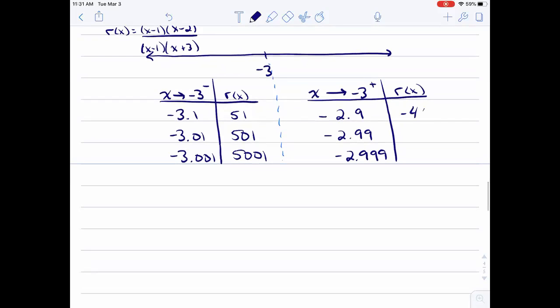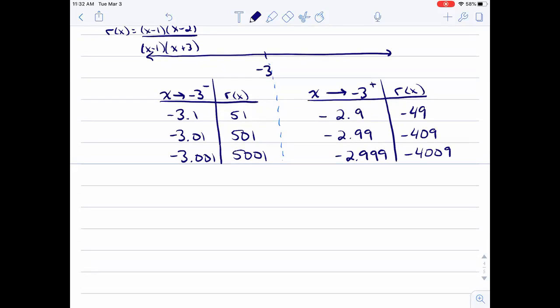So I get negative 49 here. Hopefully, once I keep doing these, I end up at negative 409 and negative 4009 if it follows the same pattern that we've been seeing.